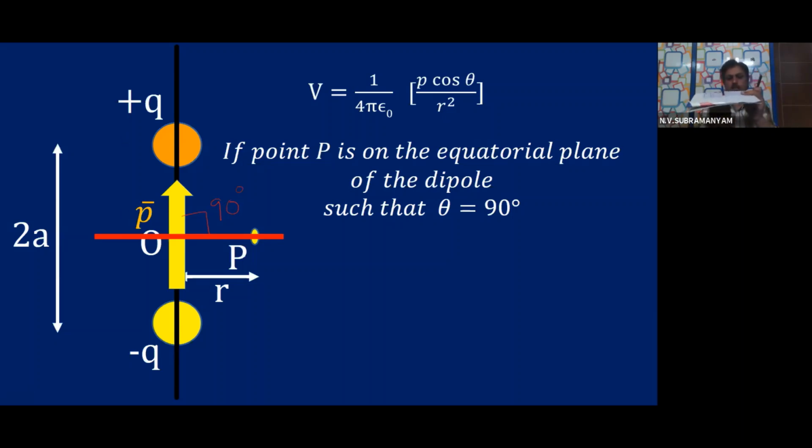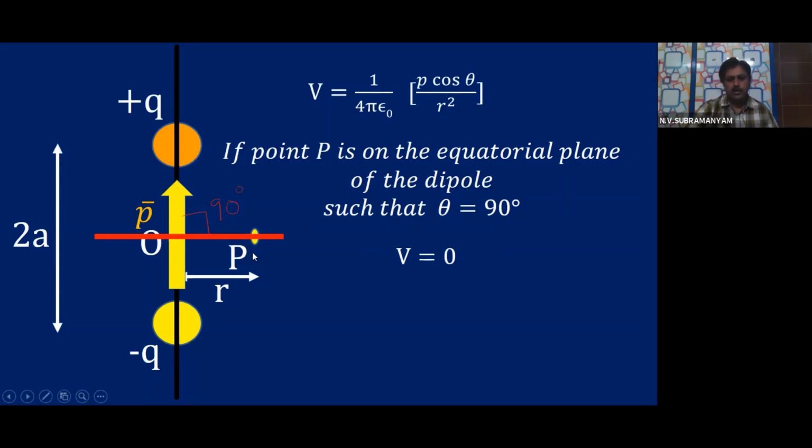This is the axis and this is the plane. For any point on the plane, the angle will be 90 degrees with the dipole. Then theta is 90 degrees, we get cos 90 is 0, then the potential will be 0.